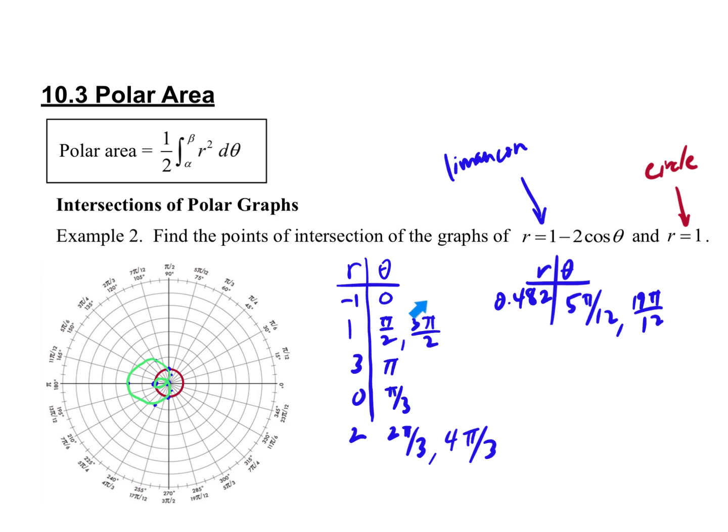We had found them right away here. But I want to show you why the graph was important. If I would have just set these two things equal to each other, which I'm going to do on the next slide, I want you to see what happens. And I just have all the work there, just so you can see it. So I'm about to leave this slide.